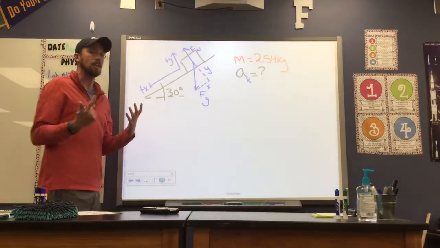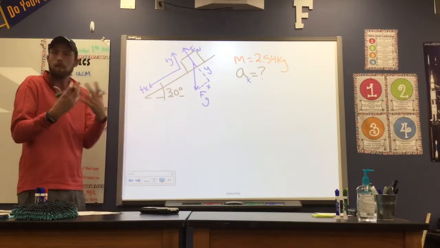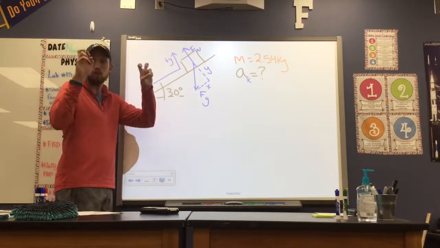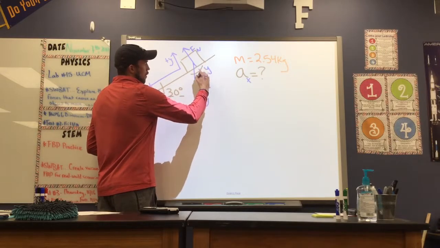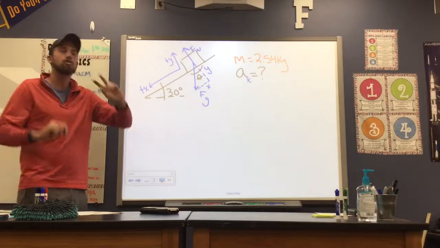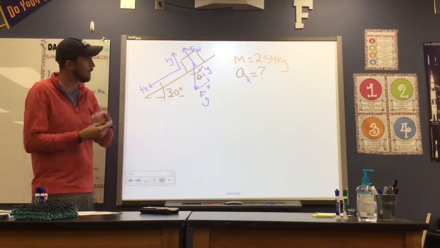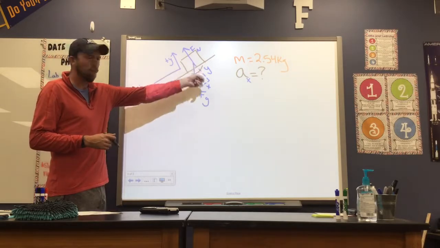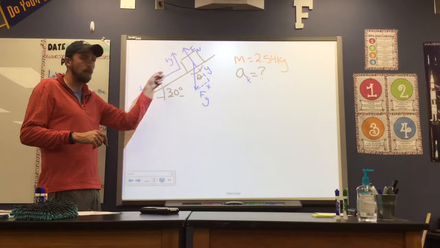Now, we have an angle here, and one thing we need to connect is how that angle is going to help us relate the sides of our vector triangle. This angle, 30 degrees, is the same geometrically as this angle up here at the top of our force triangle, if you will. And if you notice with our free body diagram, our force of gravity in the y direction is not causing us to move down the plane.